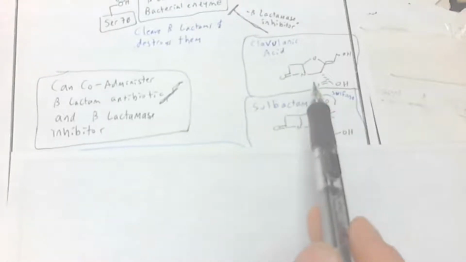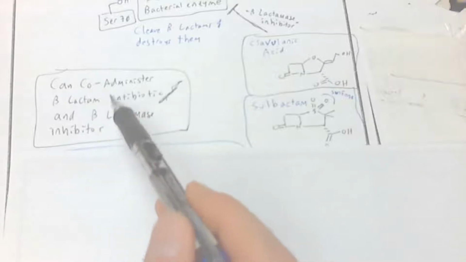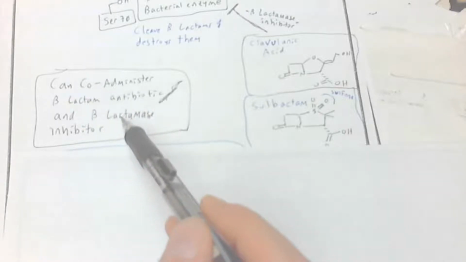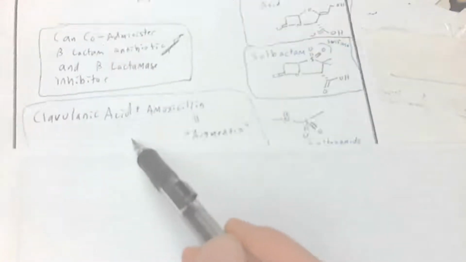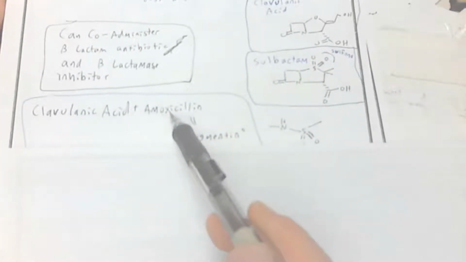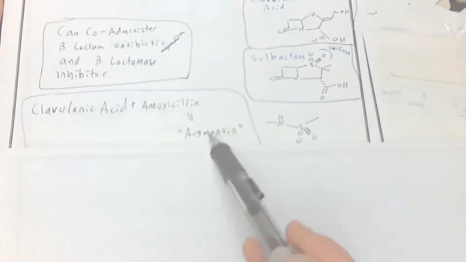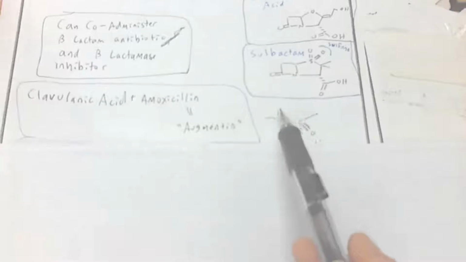And you can envision that drugs can combine a beta-lactam antibiotic and a beta-lactamase inhibitor. A couple of those were clavulanic acid, which is one of these inhibitors, and amoxicillin, which is a penicillin derivative. That's called Augmentin. So it's just like an antibiotic cocktail.